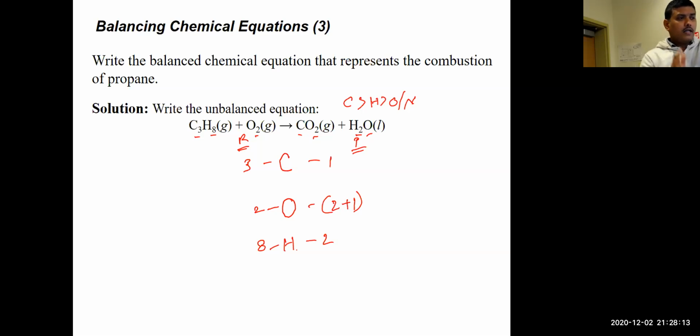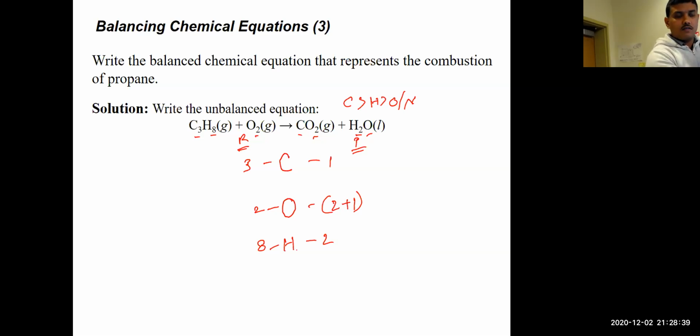So on the reactant side, I see there are 3 carbons, but on the product side, I only see 1 carbon. So how do I make sure I have an equal number of carbons on both sides? I can change the coefficient in front of the product CO2 molecule to make the number of carbons 3.